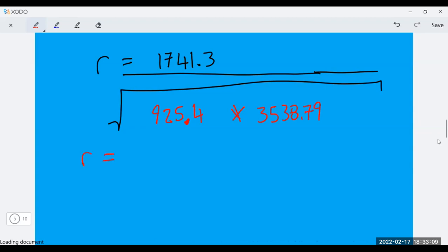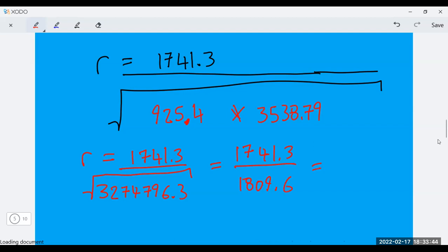So R is just working out to be 1741.3 over the square root of, we can multiply those now, 925.4. We're getting a big number, 32,74796.3. Then we square root it. I will get 1,800 and something. So it works out nice now, 1809.6.